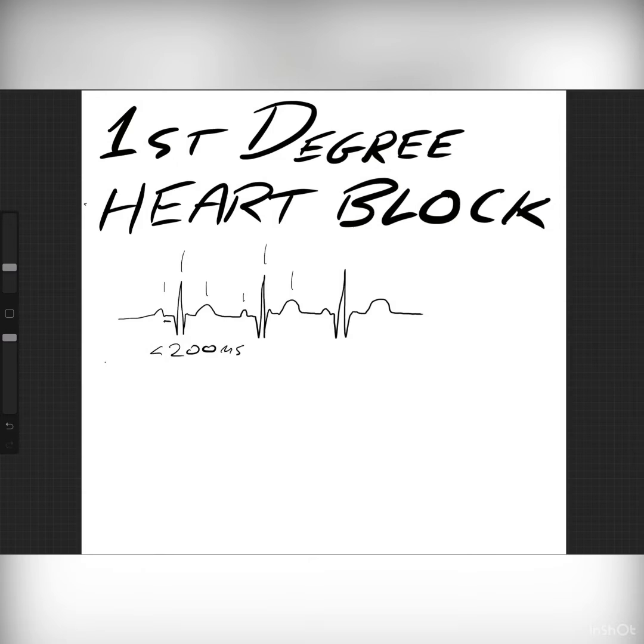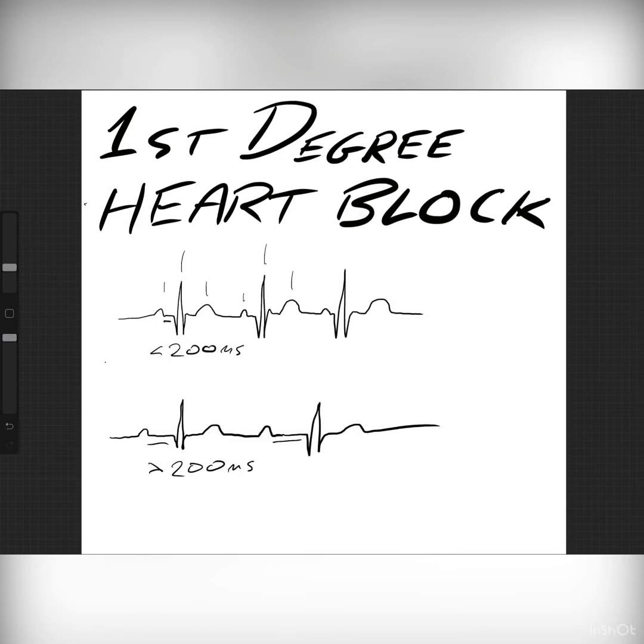And then in first degree heart block, what we see is the interval between the P wave and the QRS is prolonged. So it will be over 200 milliseconds, and it's going to be constant before every QRS complex.